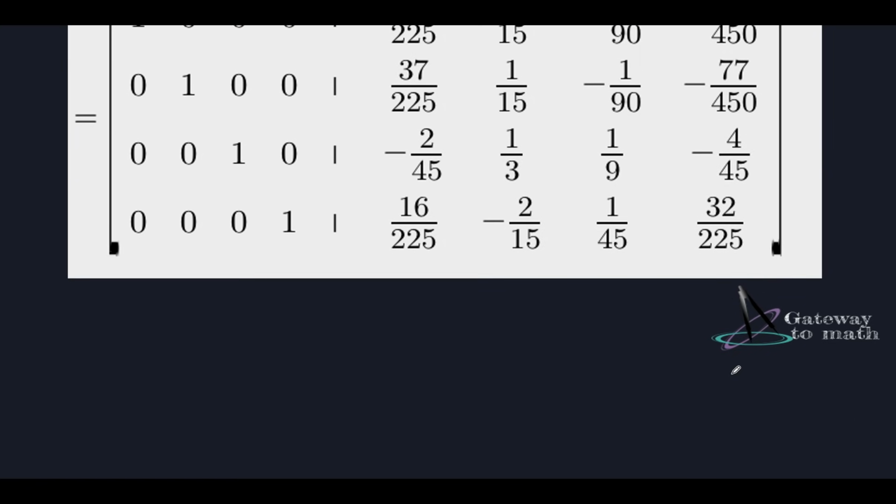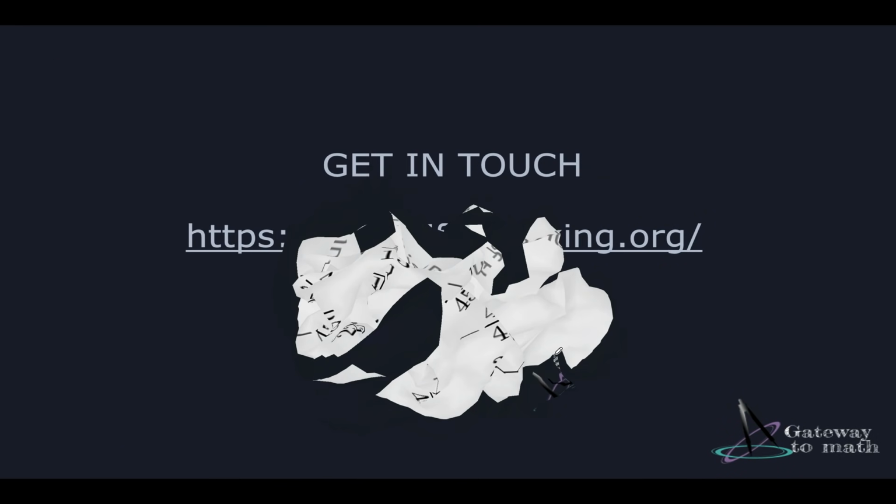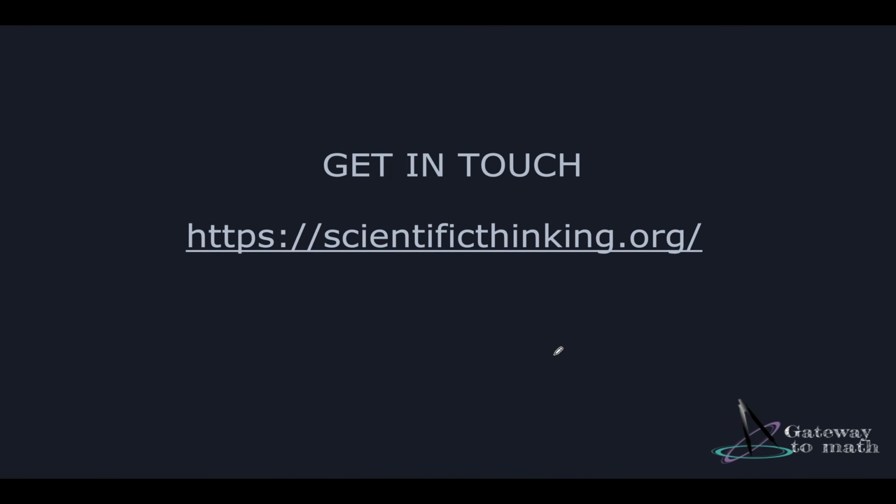That's it. So the inverse matrix is on the right hand side of the augmented matrix, like I said, and this is our final inverse matrix.